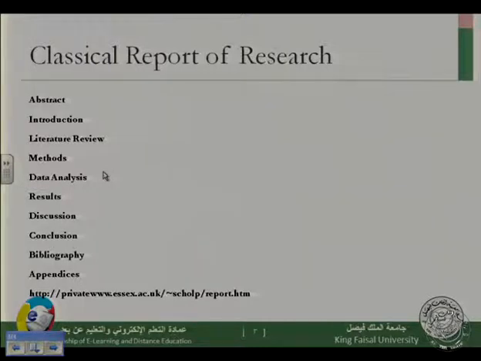And then after we finish analyzing the data, what do we have? We have results. We have maybe numerous results. And if you have numerous results, you need to select the important results. But if you have very few results, then you can report them all, and then you present them in a very interesting way.